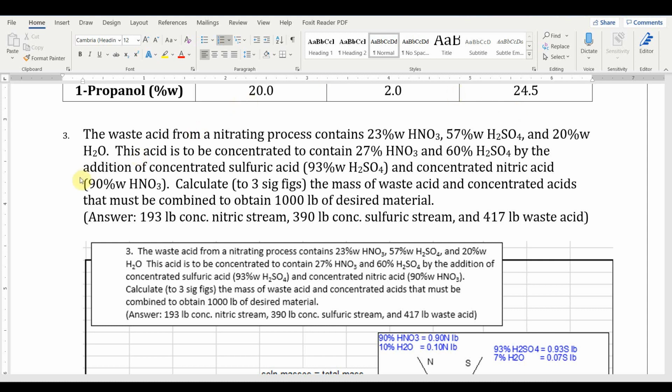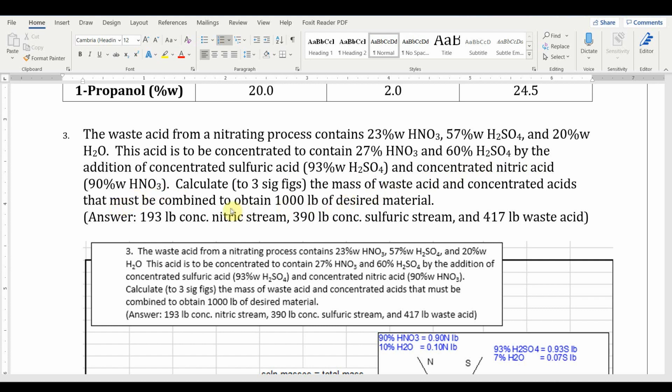So the waste acid from a nitrating process contains 23% by weight nitric, 57% by weight sulfuric, 20% by weight water. And this acid is to be concentrated to contain 27% nitric acid, 60% sulfuric, and of course the balance would be water, by the addition of concentrated sulfuric acid, which is 93% by weight sulfuric, the balance would be water, and concentrated nitric acid, which is 90% by weight nitric, the balance of which would be water.